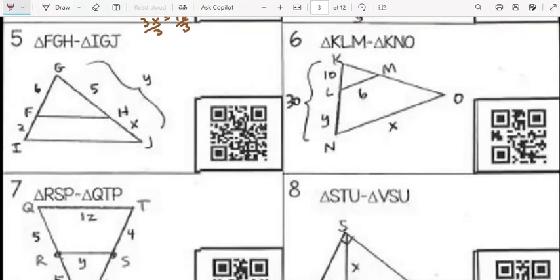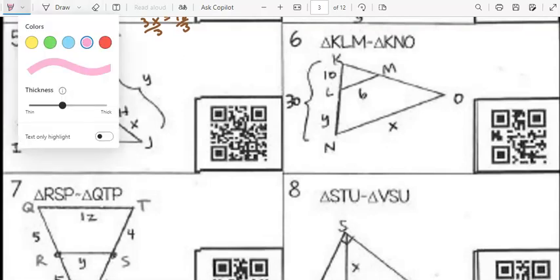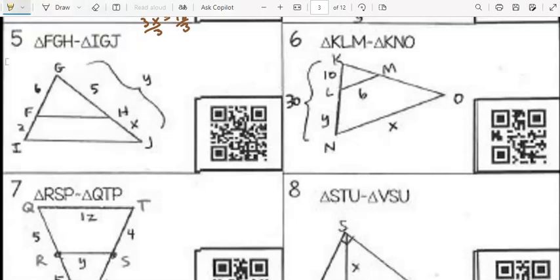On number 5, we have triangle FGH is similar to triangle IGJ. Let's mark these.